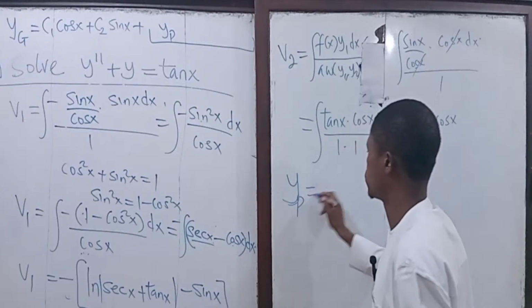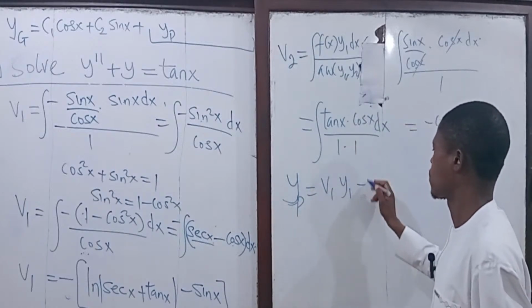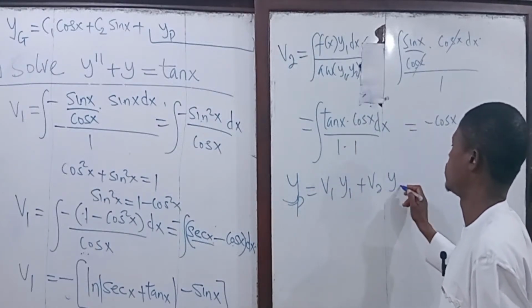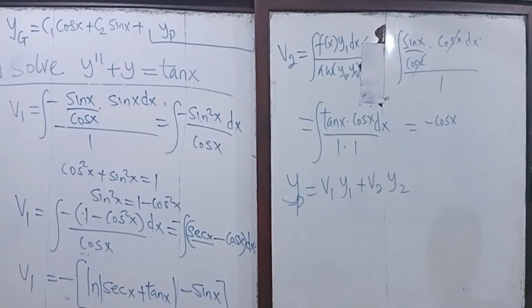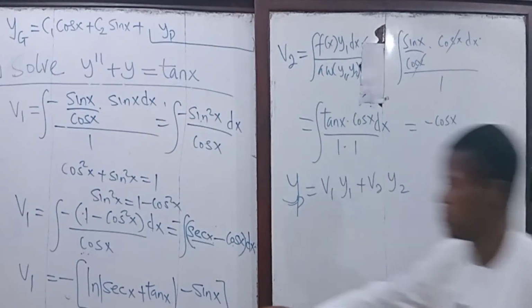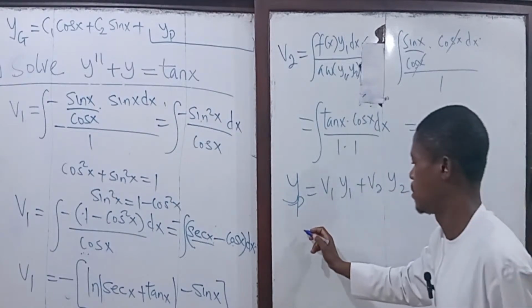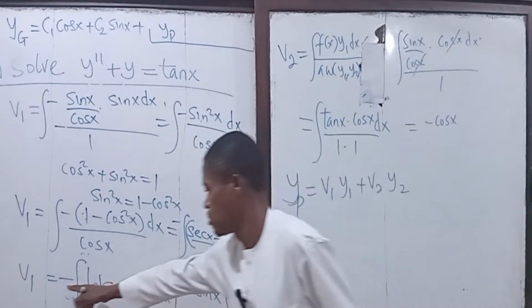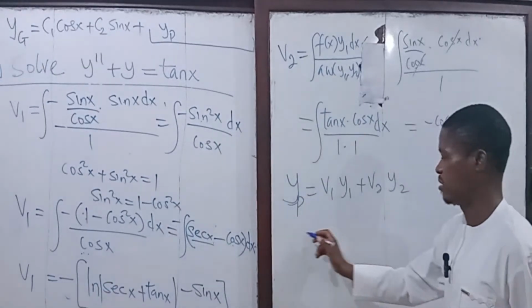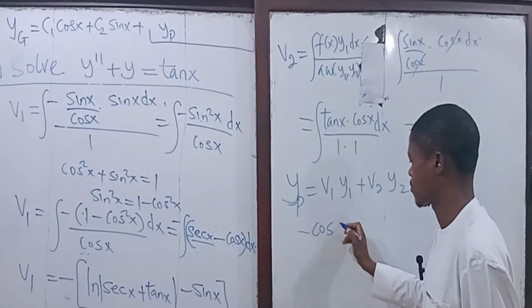Then finally, just come back here, get your yp, the particular solution, which has this formula. And then begin to make your substitution. Your v1 is here, times y1. So we now have minus here. y1 is cos x, so that is minus cos x.